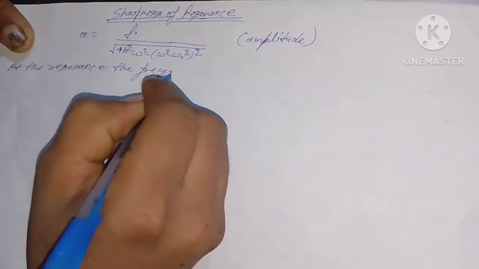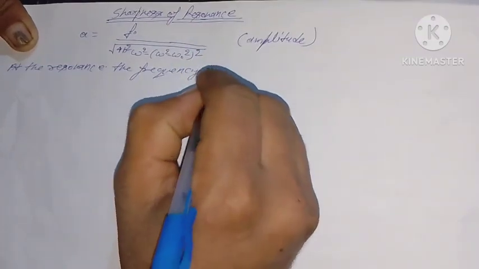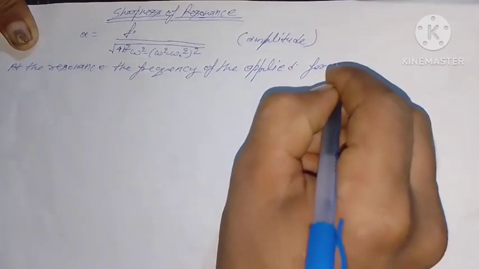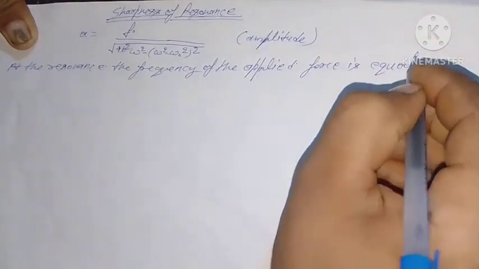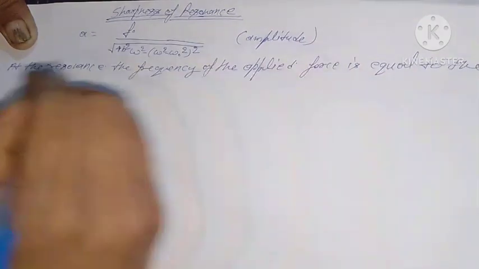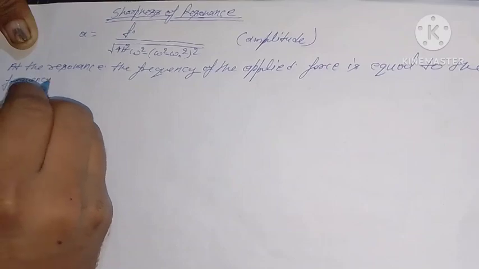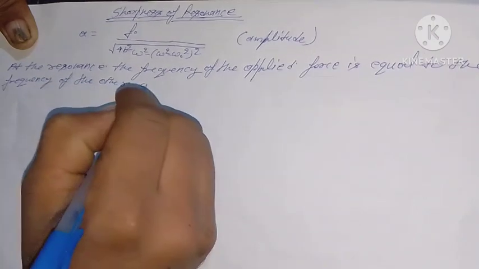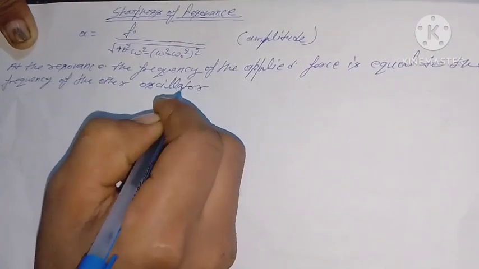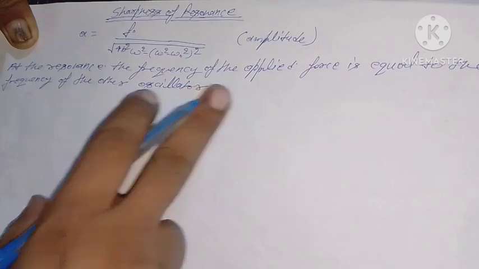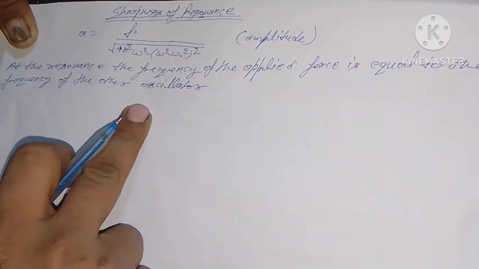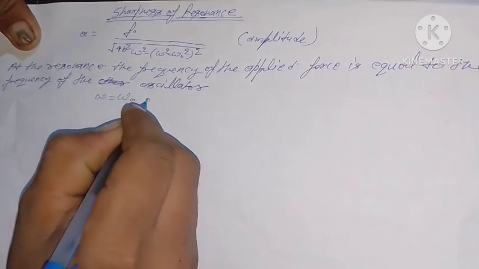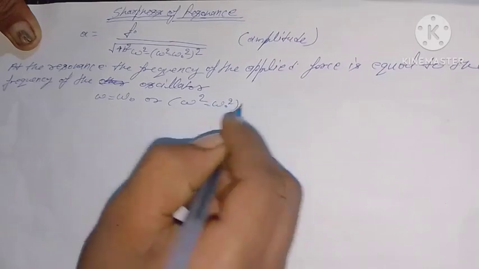Then omega equals omega naught, or omega squared minus omega naught squared equals 0.